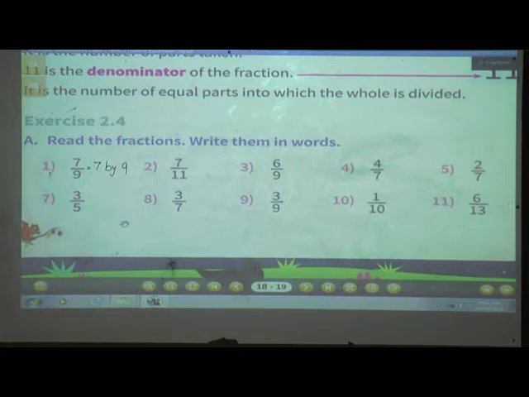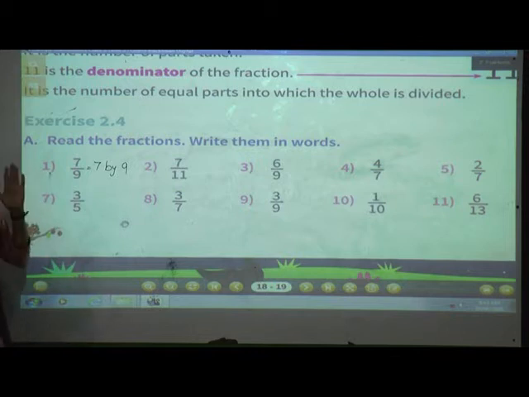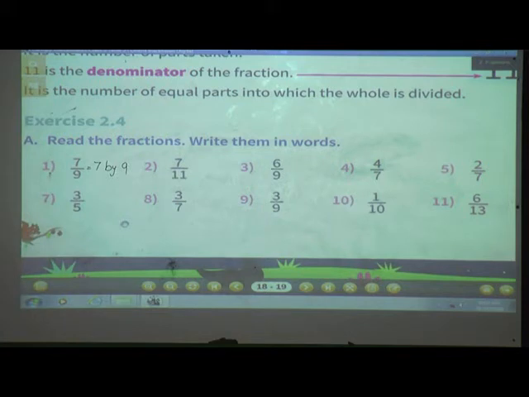Yes, 9 is the denominator and 7 is the numerator. This 7 is called the numerator and 9 is called the denominator, because the whole is divided into 9 equal parts. So 9 is called the denominator and 7 is the numerator.